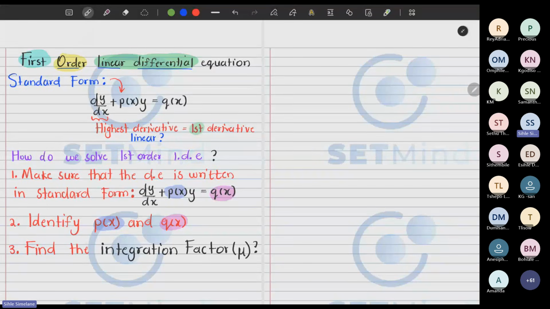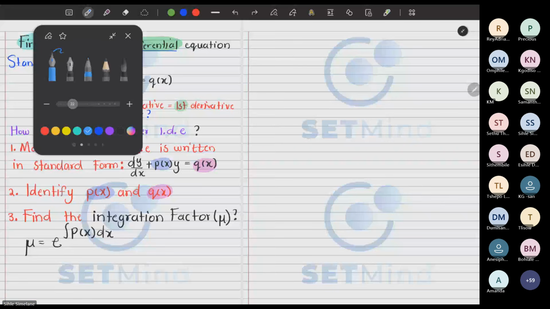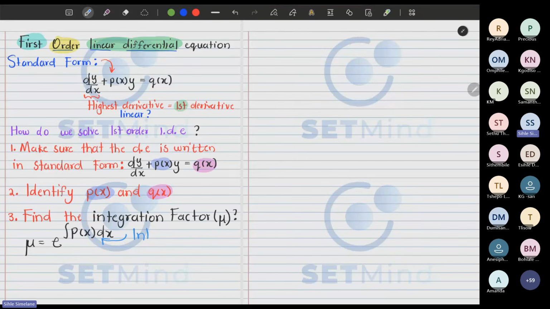And many of you probably remember this, but I'll remind the few who forgot. So the integrating factor, guys, which is depicted by this sign, will always be e to the power of the integral of P of X dx. So do you see why we needed to understand P of X? Because now we need to integrate our exponent. We need to integrate that P of X and then make it to be the power of E.